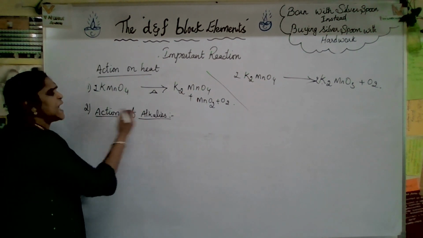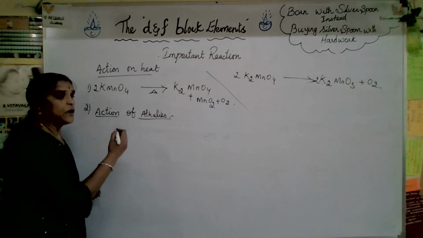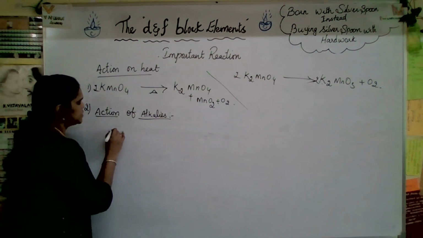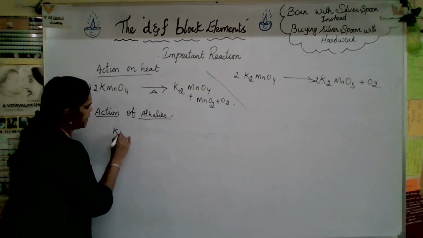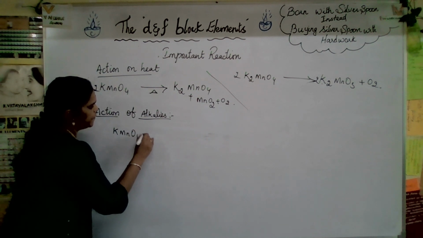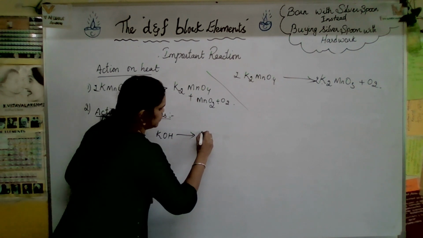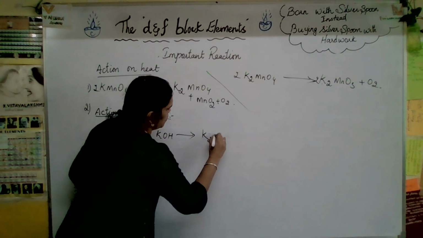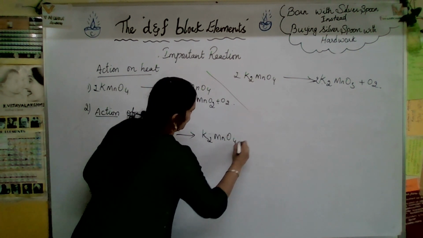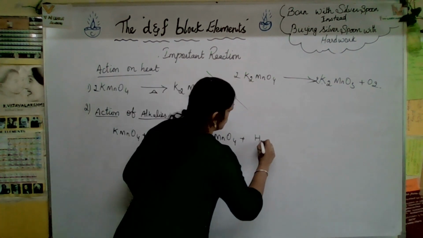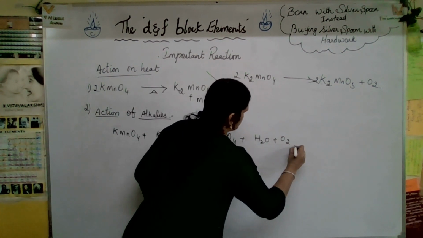Now another one, action on alkalis, that is caustic potash. So KMnO4 plus KOH gives K2MnO4 plus H2O plus O2.